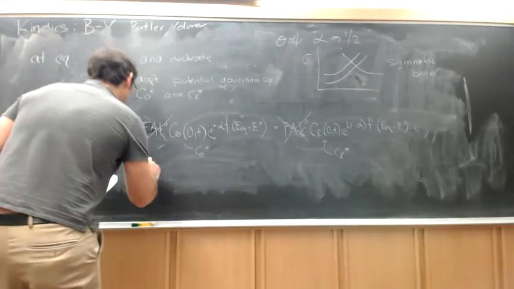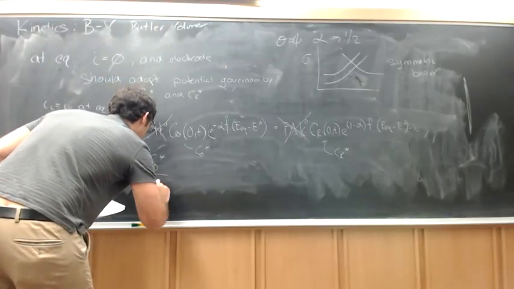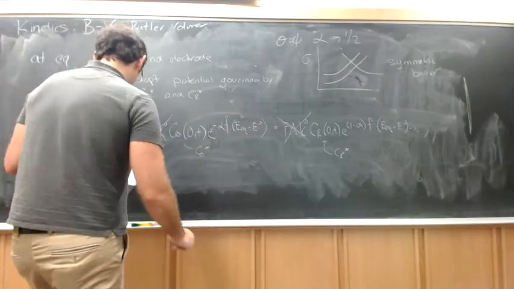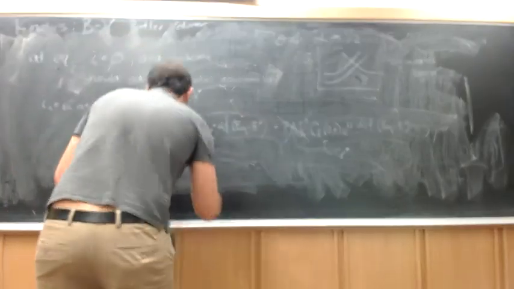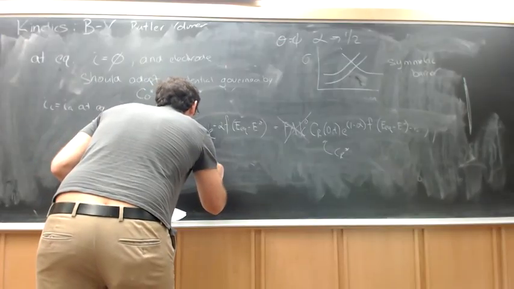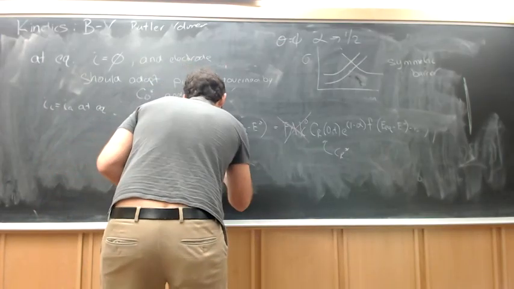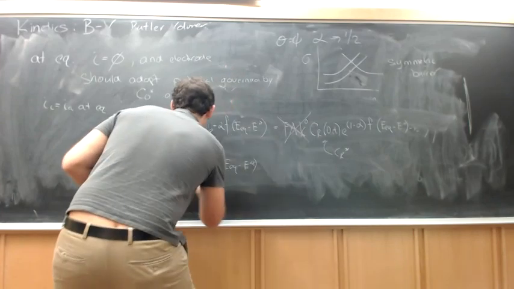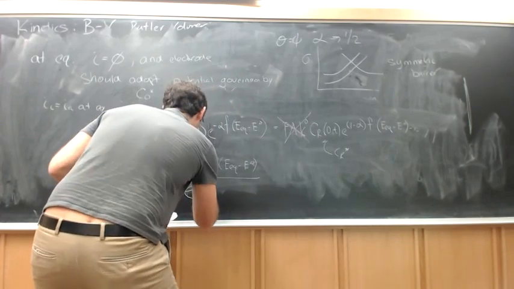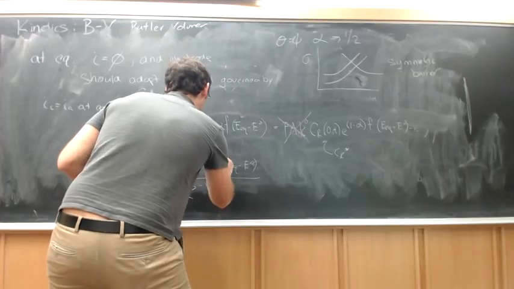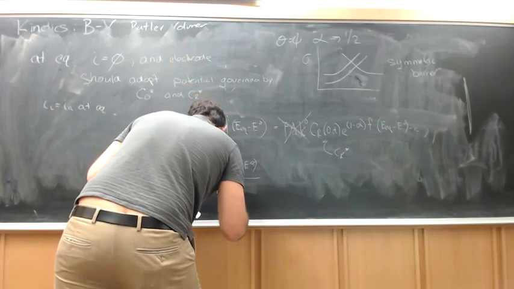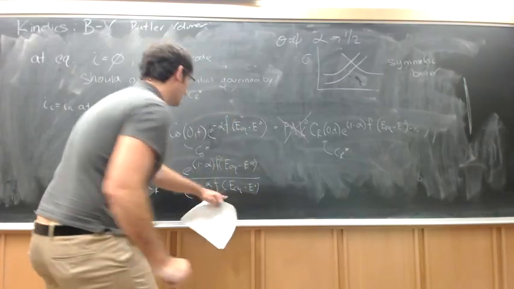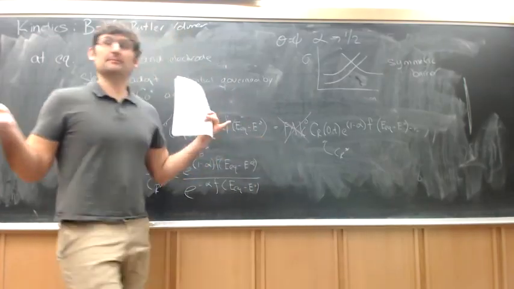So I can solve this for C_O star over C_R star. C_O over C_R is going to be equal to these two terms, e to the (1 minus alpha) F (E_eq minus E naught) over e to the negative alpha F (E_eq minus E naught). I'm leaving that E_eq here because, of course, it's the potential at equilibrium.